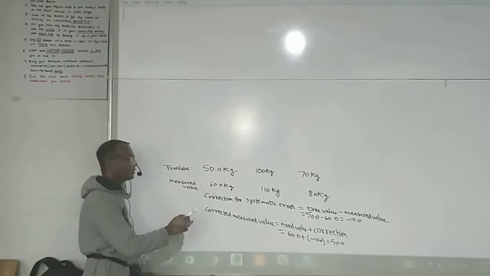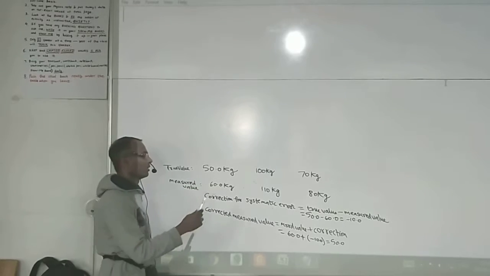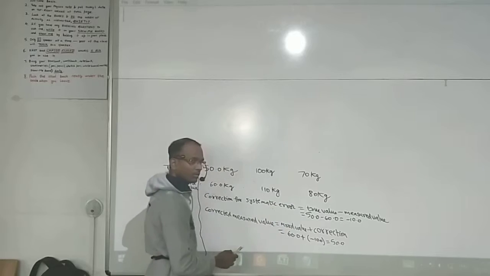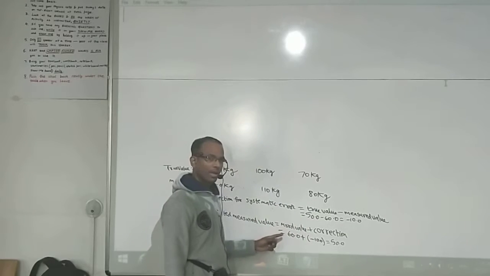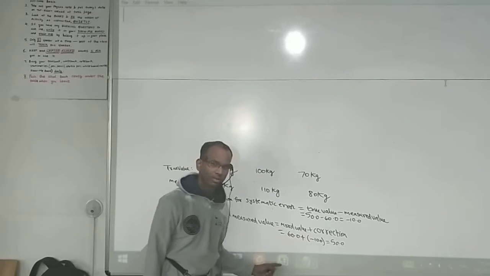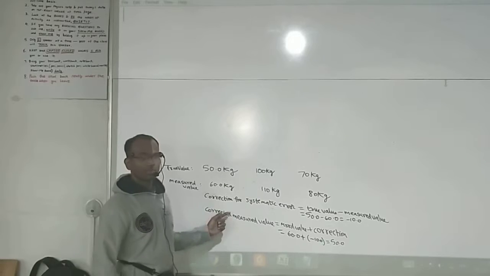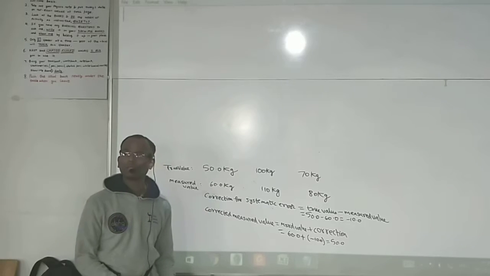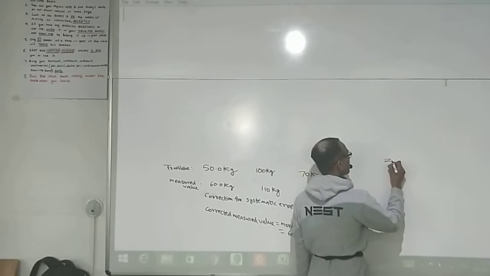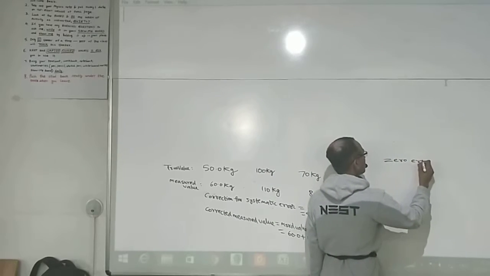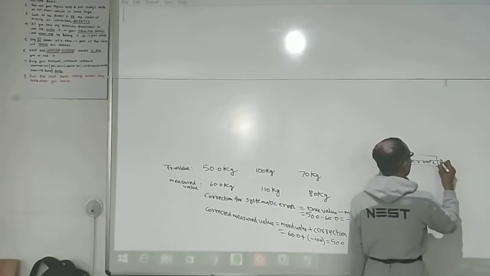So once you know that your instrument is giving a systematic error, and once you identify the error, you can find the correction and incorporate that correction to all the measured values, you will get the corrected value. Now this systematic error could be a fault of the instrument. In that case, we call it zero error. So zero error is a type of systematic error where the instrument is at fault.